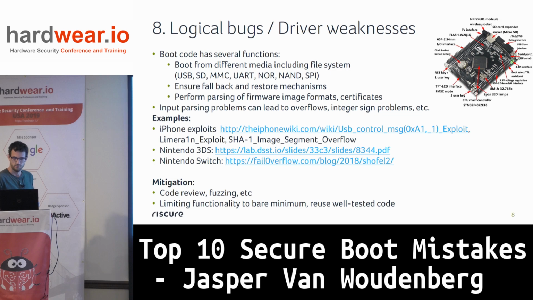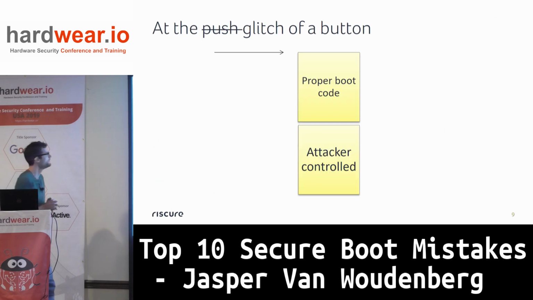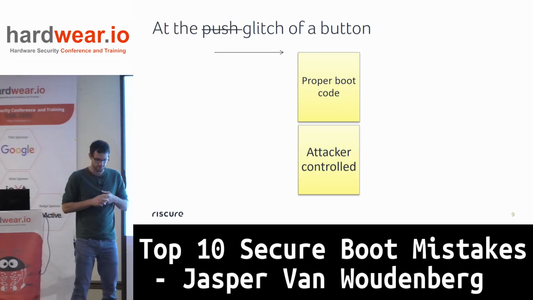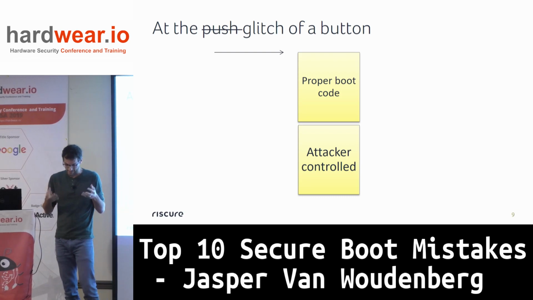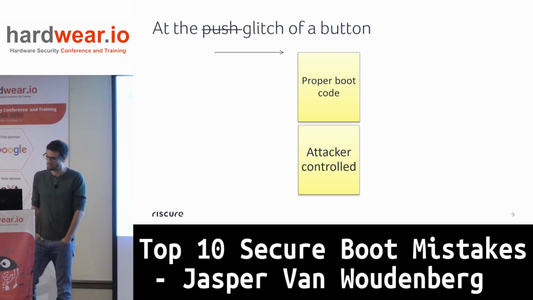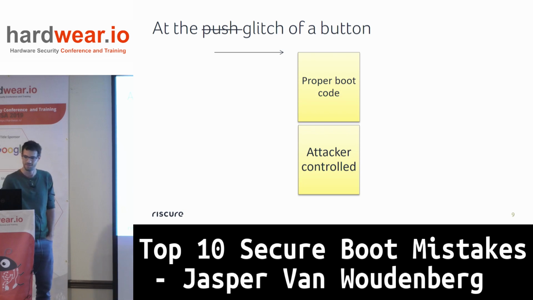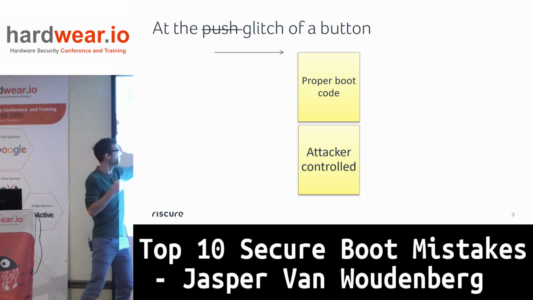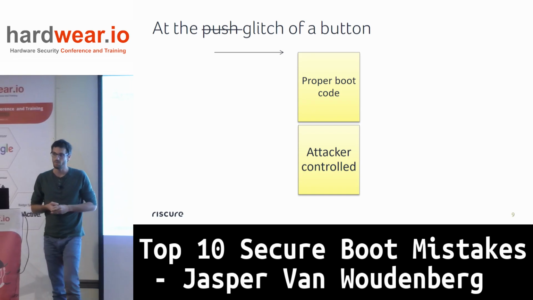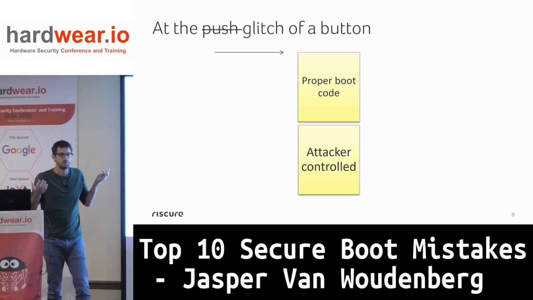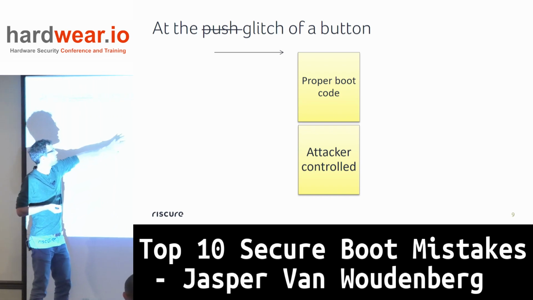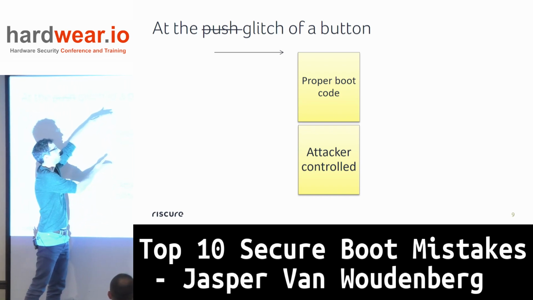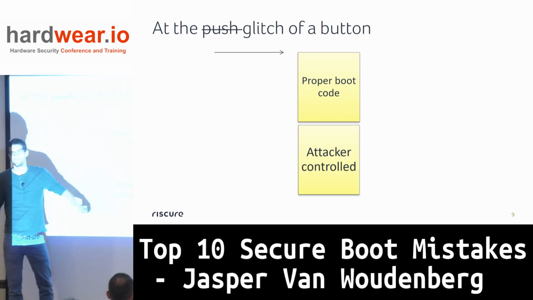This is one of the more low-level, really easy hacks that we as a company have done in the past. Imagine you have a device with a big firmware, and they oversized the firmware a bit, so the actual proper boot code was sitting in the top block, and this other block was not used.